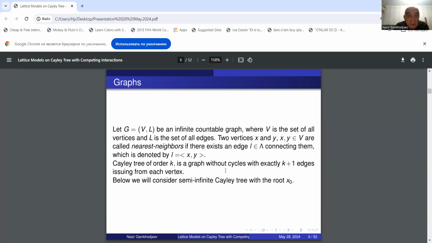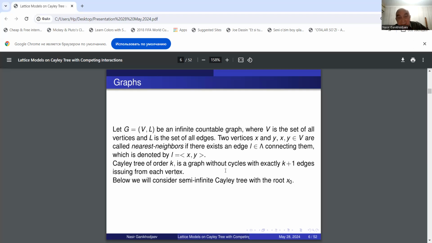Of course, we can consider different countable graphs. Z^d, for example, is one example of a countable graph.